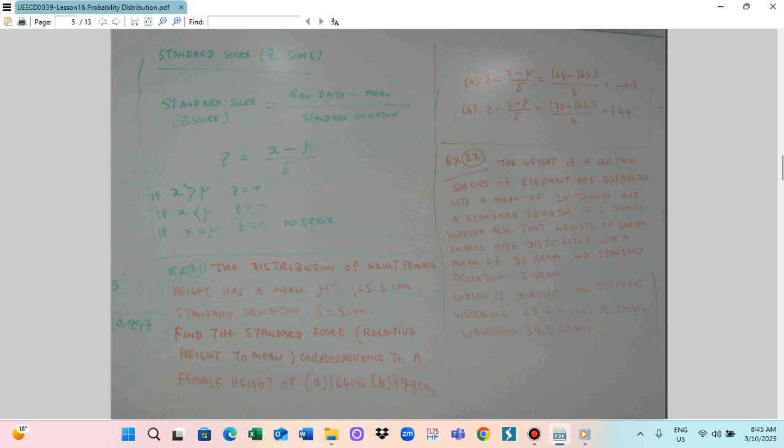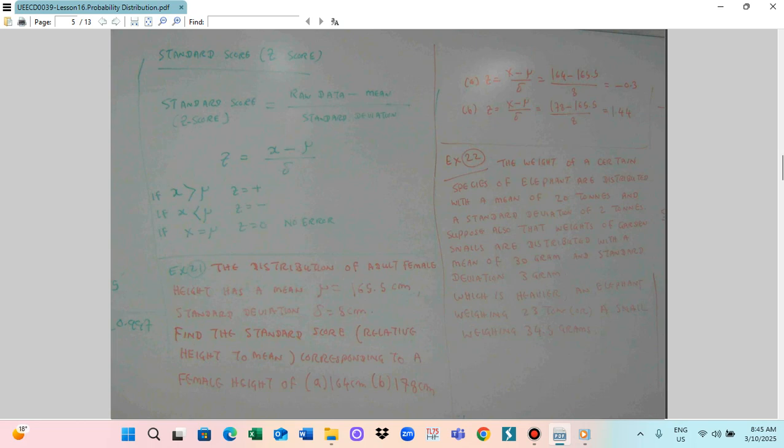By solving this, we get minus 0.19. Similarly, you can also calculate Z for x at 178: x minus mu divided by delta, so 178 minus 165.5 divided by 8. By solving this, you get 1.56. So this is the Z score we can calculate.